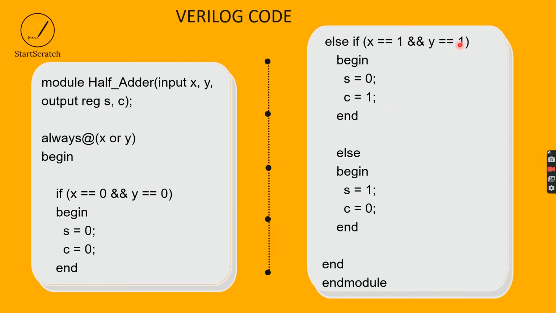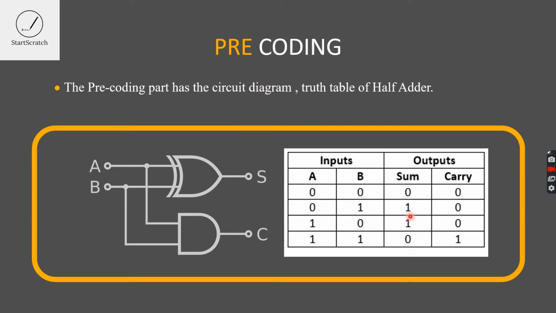If x equal to 1 and y equal to 1, if both are true, then sum equal to 0 and carry equal to 1, or else the other case in which sum and carry equal to 1 and 0. You can write this by using the truth table here.